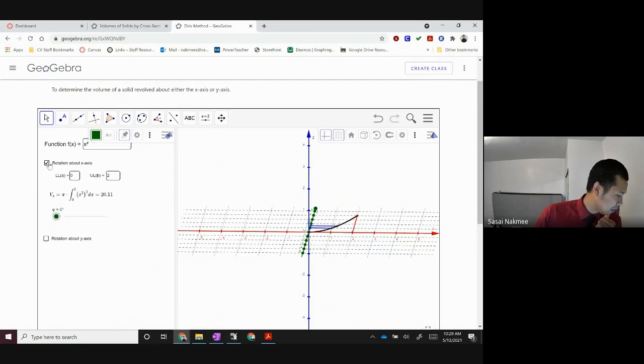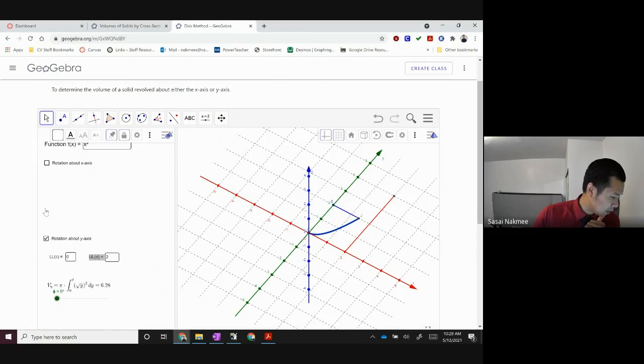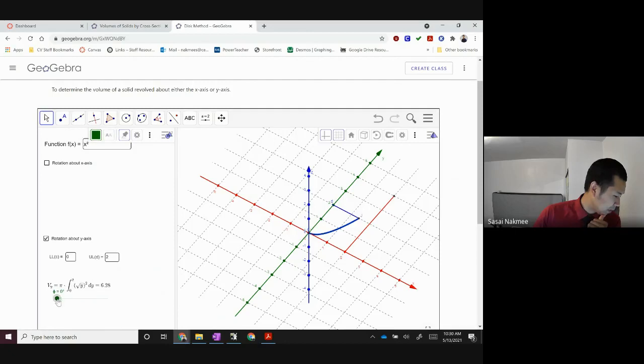Now, if you're rotating about the y-axis, right, and let's say the bound is going to go from 0 to, let's say, 2, like so, there it is. The equation is this one right here. If I took this one and spun it around the y-axis, it would look like that.